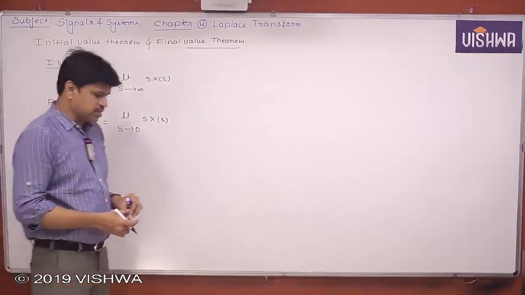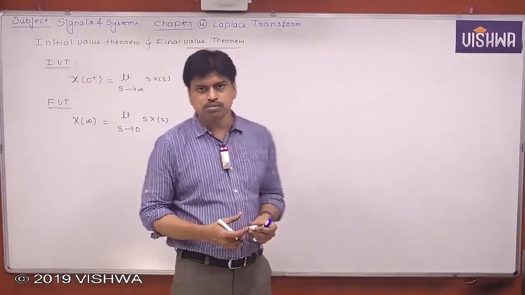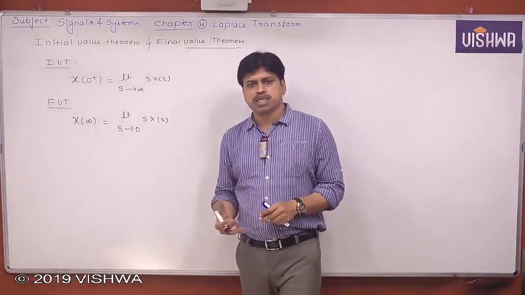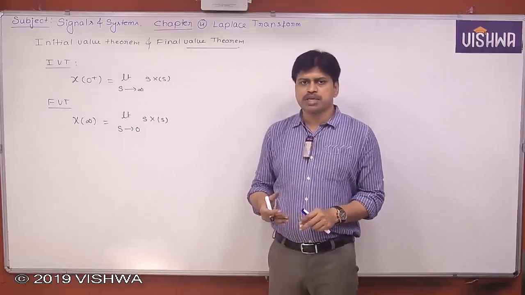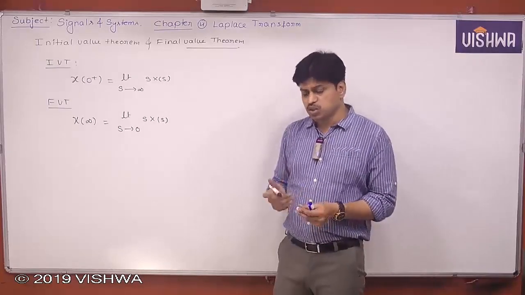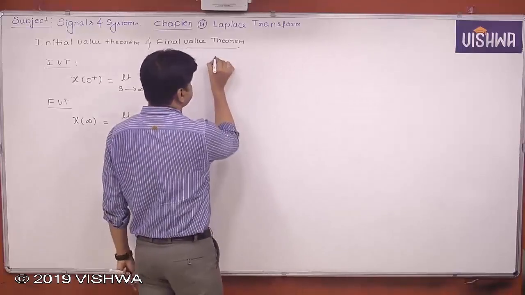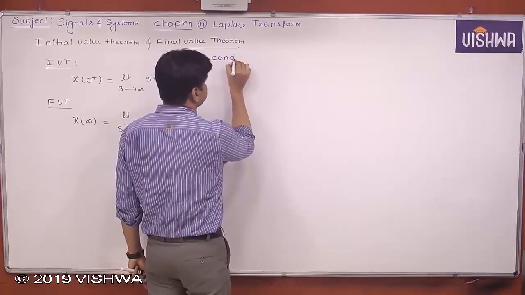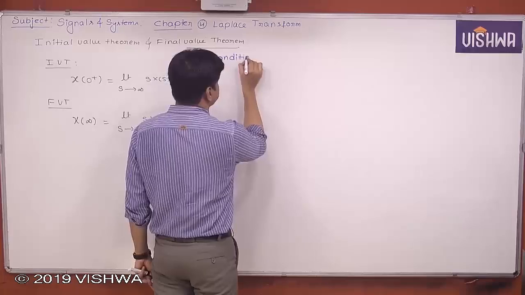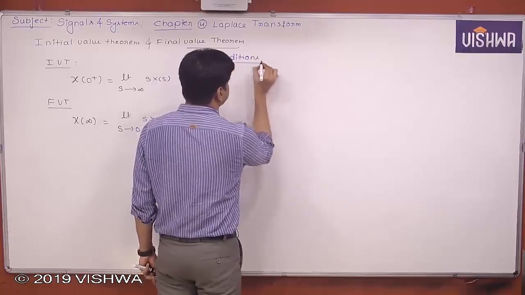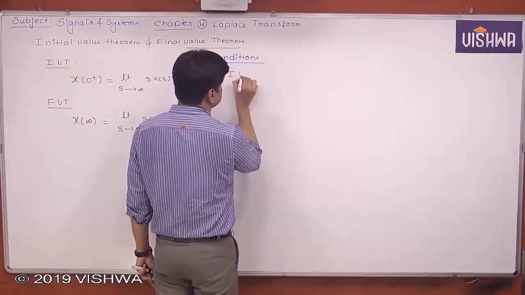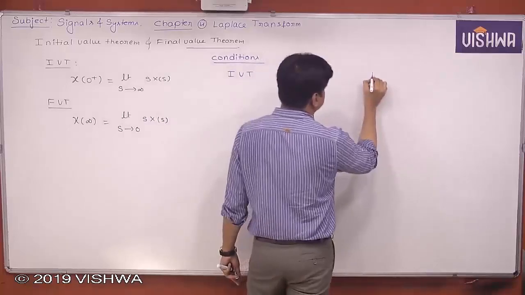But it is not that simple. These theorems may or may not be applicable. It all depends on some conditions. Let's see what those conditions are, for the initial value theorem and for the final value theorem.